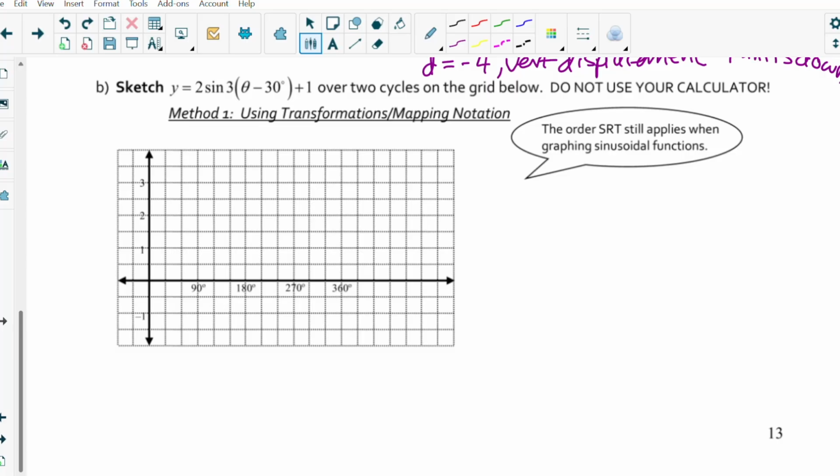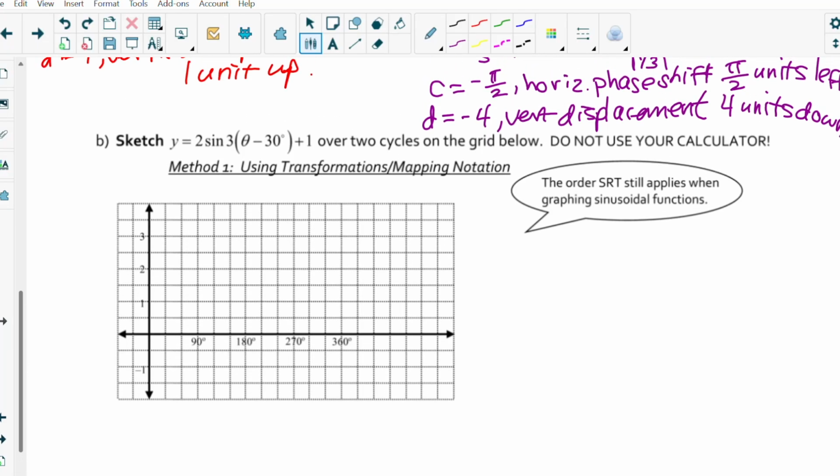Okay, B. Sketch y equals 2 sine of 3 theta minus 30 plus 1 over 2 cycles on the grid below. Do not use your calculator. Let's use method 1, which is using transformations and mapping notations. SRT still applies. So in black, I'm going to sketch my standard sine function.